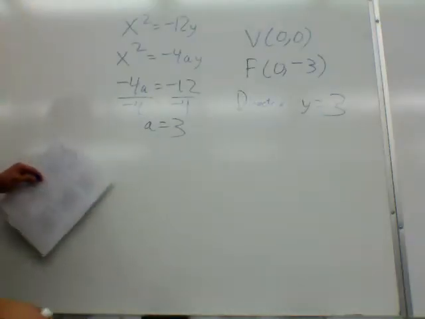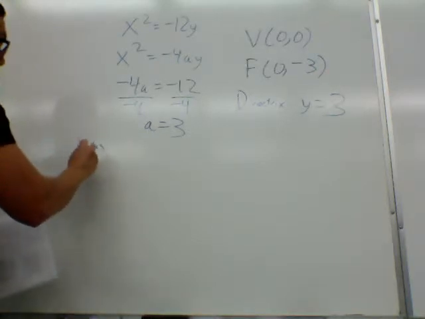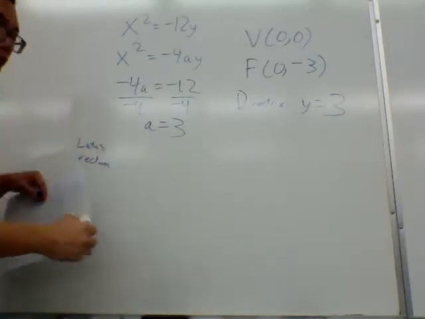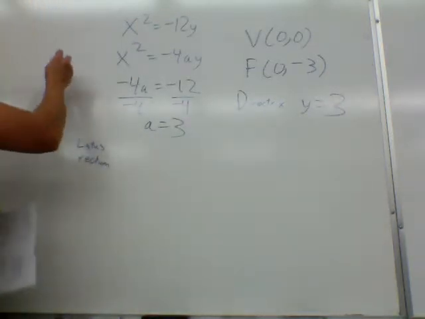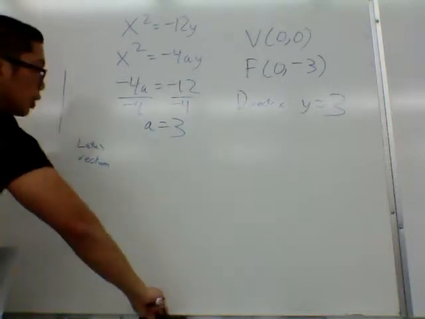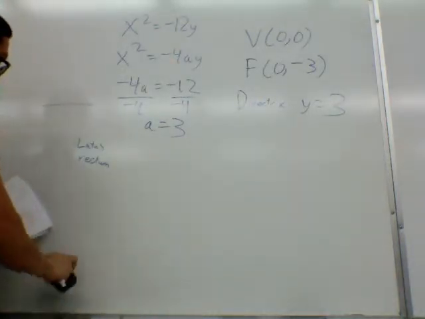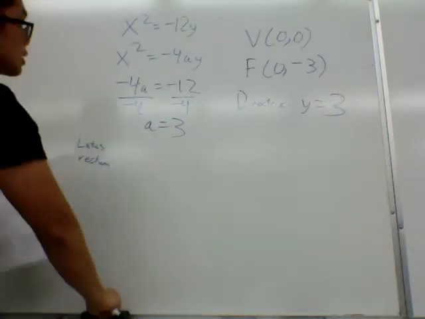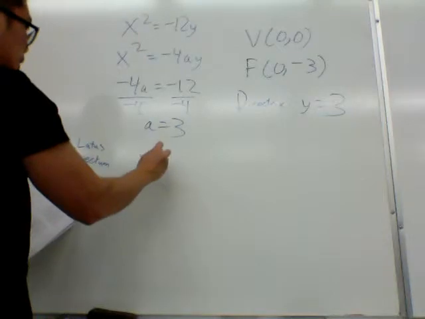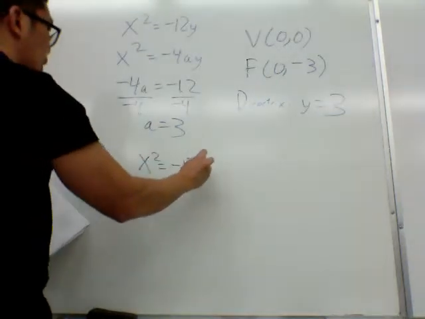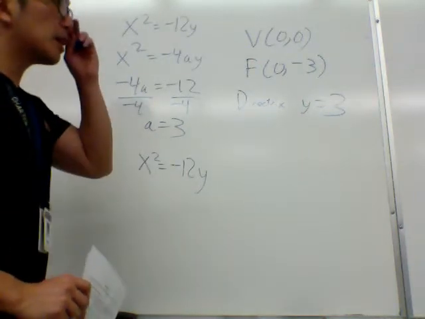Now let's find the latus rectum. Okay, so now the latus rectum. Whenever you have a parabola that opens up or down, the latus rectum will now be horizontal. Okay? So what you're going to do is you're going to take the equation x squared is equal to negative 12y, and what are you going to plug into this y?